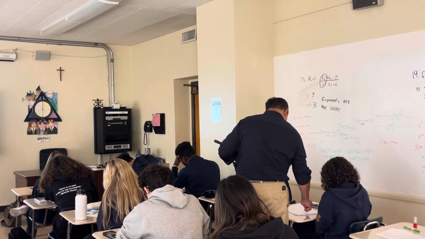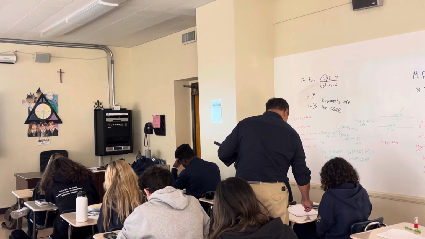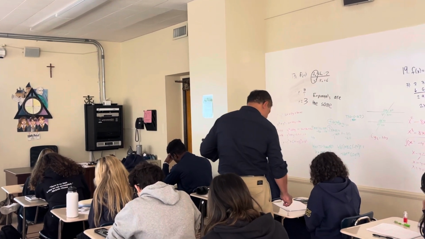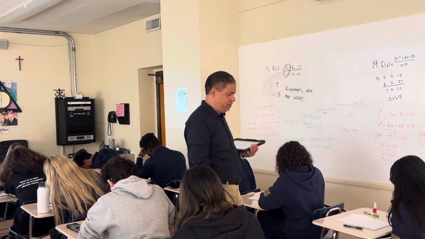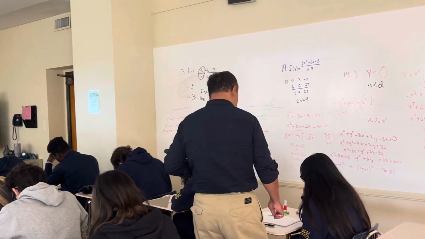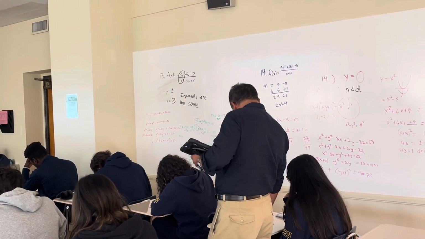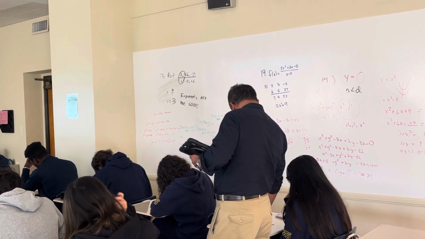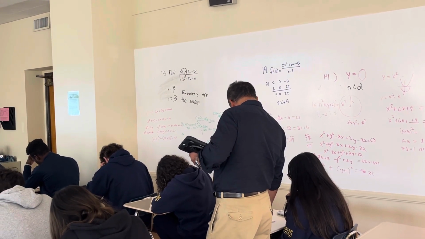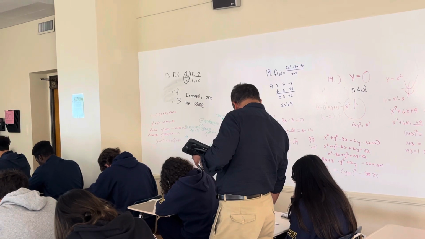You can also factor this, it will be x plus 1 times x minus 1 times x plus 3. Pretty easy that way, okay? If you factor x squared minus 1, it will be easier.